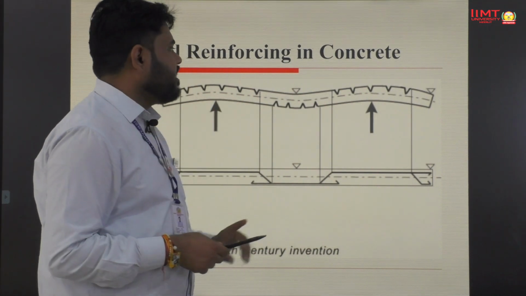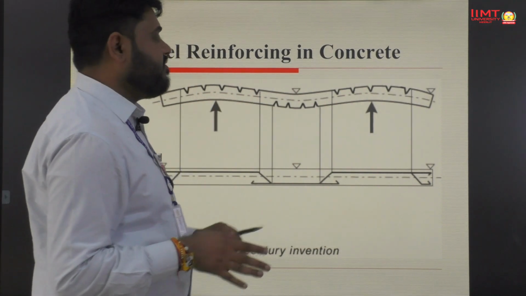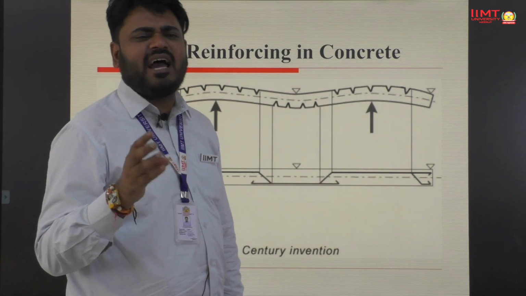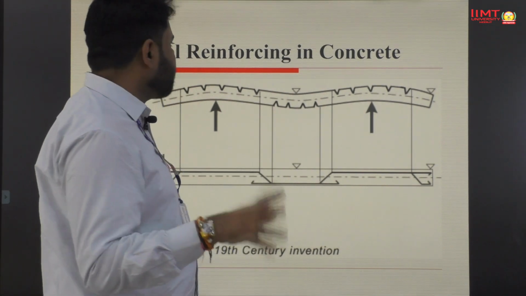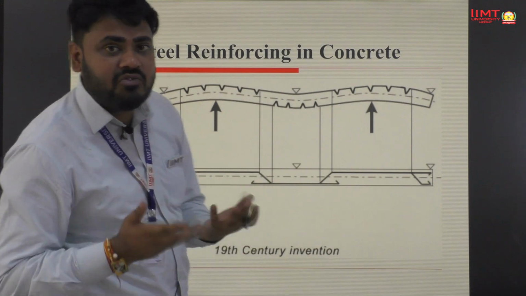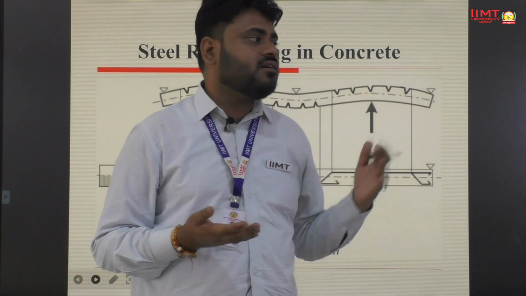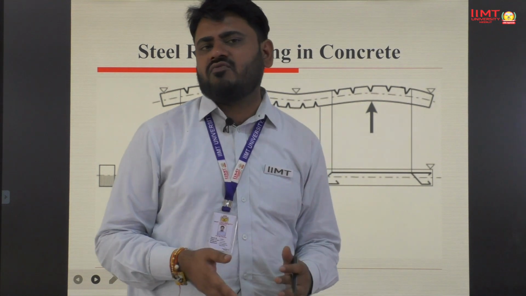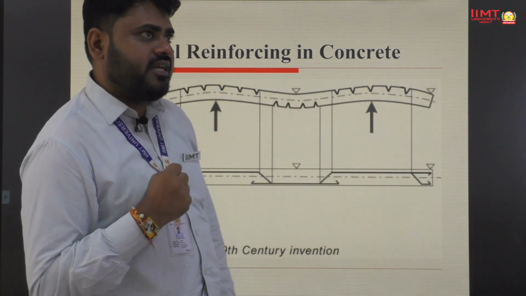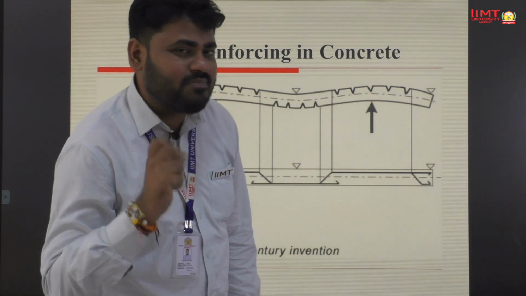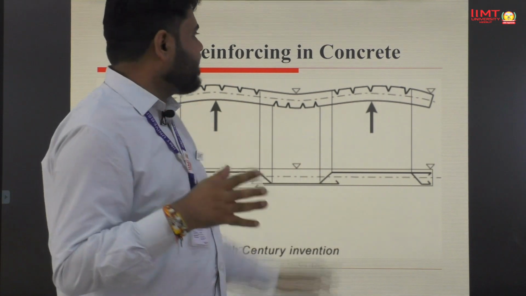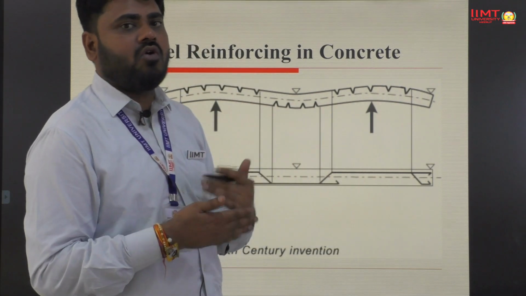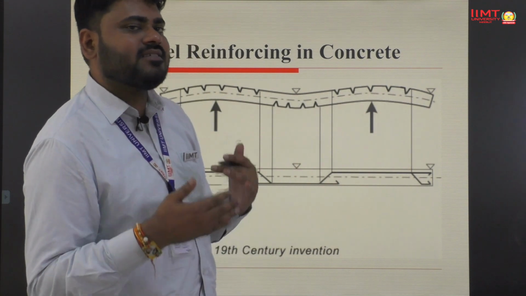Steel reinforcing in concrete, very important. Why are we not using diamond, platinum, copper? Why are we using steel for designing reinforced cement concrete? First of all, you have to understand that the coefficient of thermal expansion of concrete and steel is slightly matched.